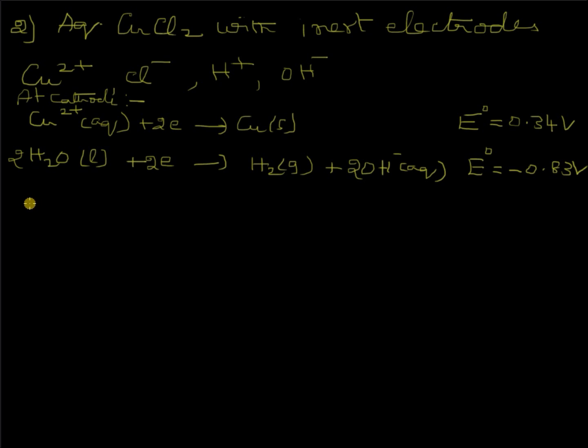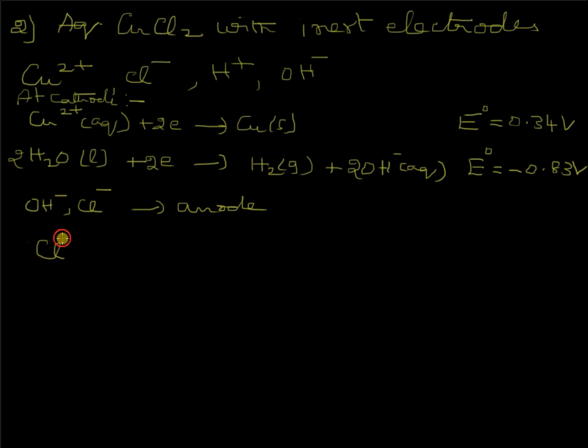Now let us consider the two anions. The two anions are OH- and Cl- which move to the anode. Write the reaction for that, and as I said before, we have to consider the oxidation of water as a whole and not that of OH- ion.